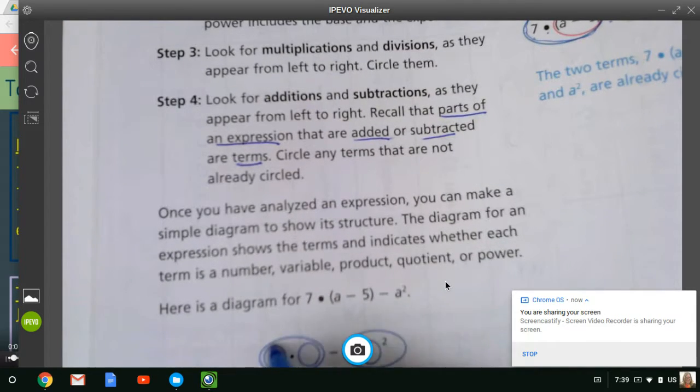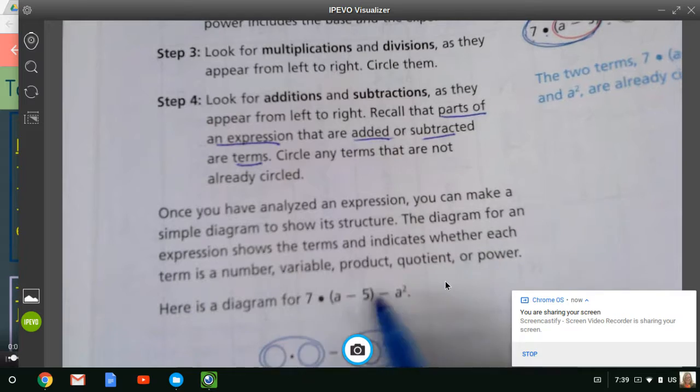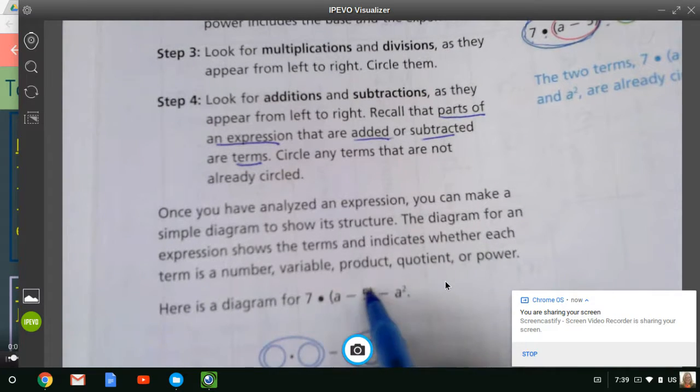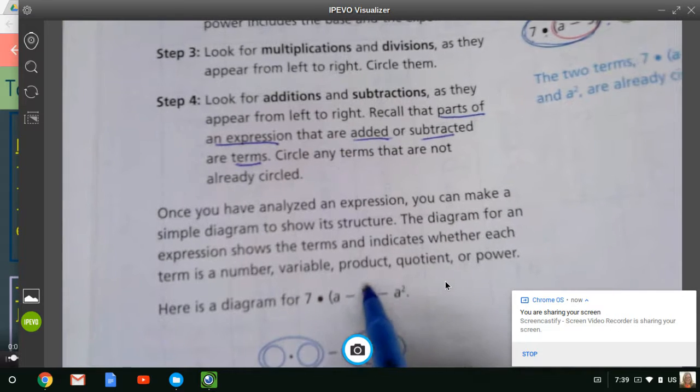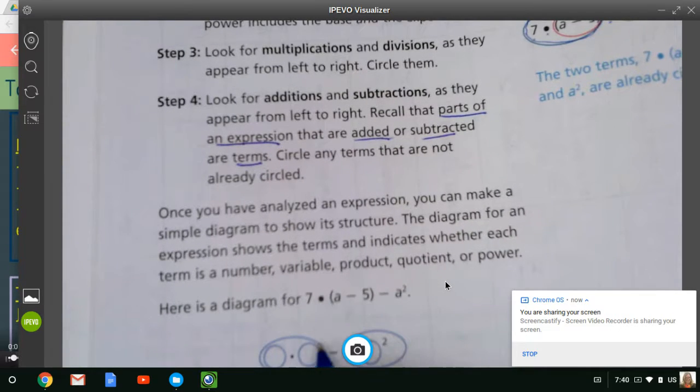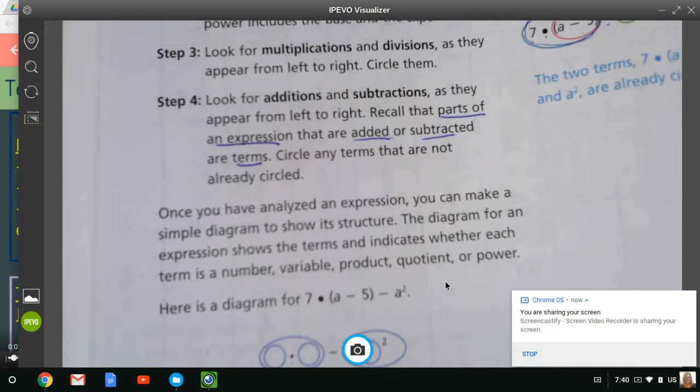Okay, and that had been circled. First we circled the subtraction in the parentheses. Then we circled around both of those because that became our next step where we multiplied. Then the answer to multiplication is the product. So when it's saying that when you make this diagram, it kind of shows you what's what.